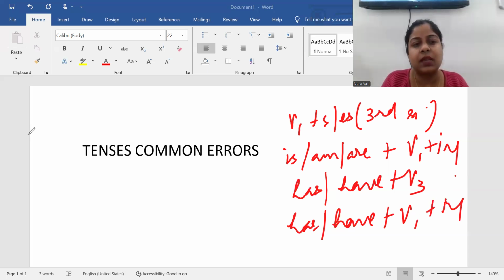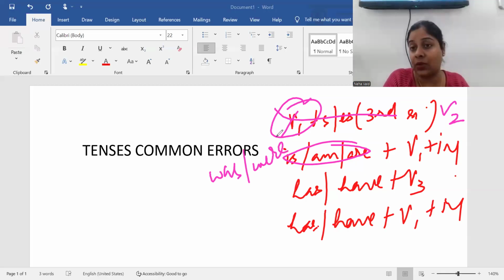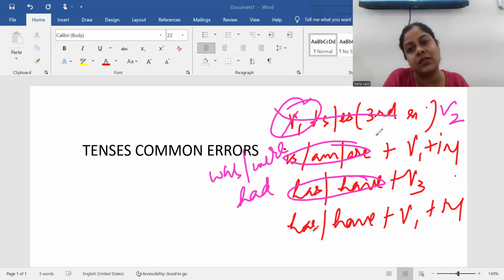So this is a very basic concept that you obviously know. But how to do the past tense? Remove V1 and just convert it to V2. Remove is/am/are, just convert it to was/were. It became past continuous. Replace has/have with had and it has turned to past perfect, had plus V3.